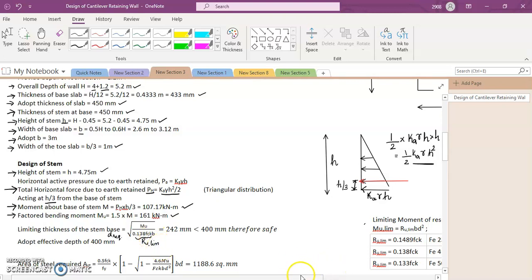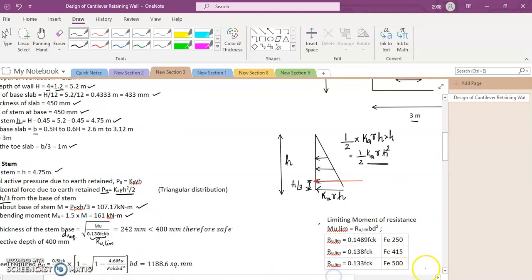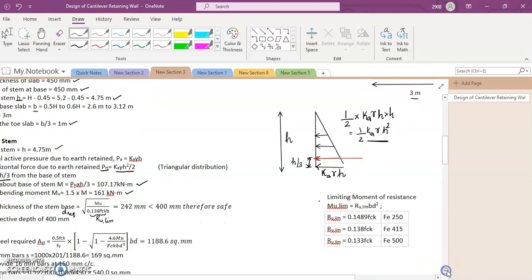Now let us have a look and refresh our memory on what is Ru limiting. The limiting moment of resistance Mu limiting is given by Ru limiting into Bd square. Ru limiting depends upon the various grades of steel that we are using.